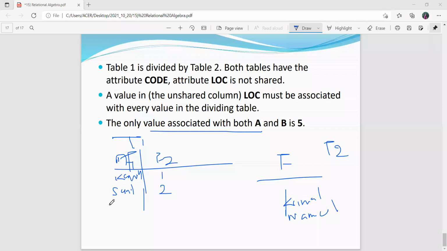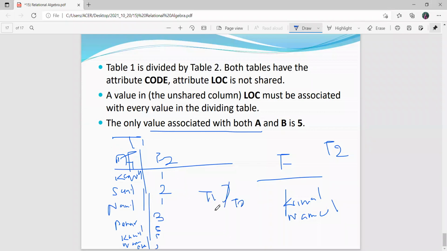Table 1 consists of Kamal 1, Sunil 2, Namal 1, Pereira 3, Kamal again 5, Namal again 5, then Sunil 2. T2 is 1 and 5 (Kamal and Namal).